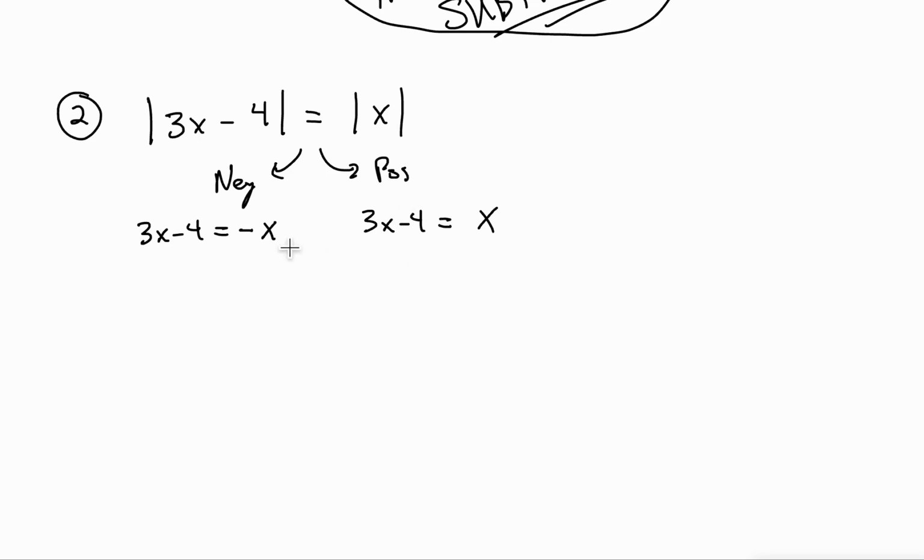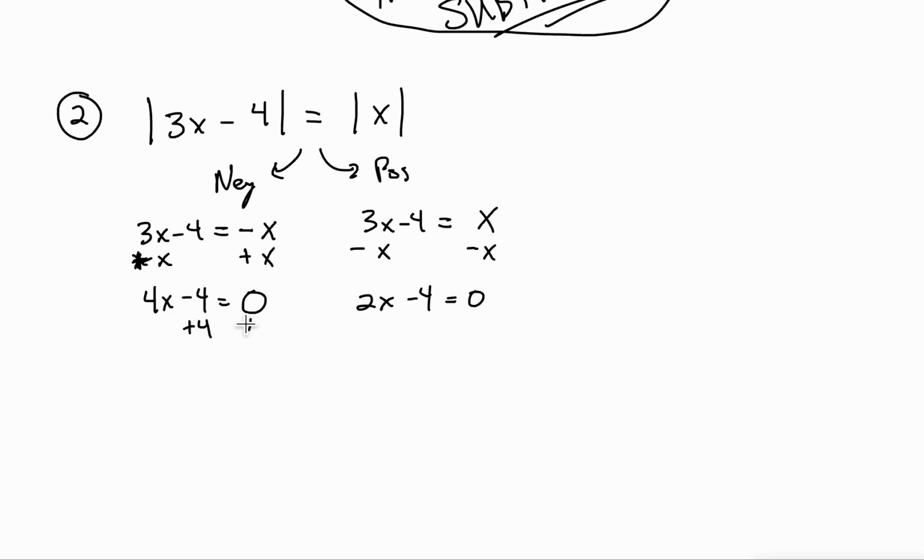And now we just solve it like we normally do. I'm going to get my x's together, so I'm going to add x to both sides. That'll be 4x minus 4 equals, and negative x plus x is 0. Just keep solving. I'm going to do that same thing here, except this one's going to be a minus x. So 2x minus 4 equals 0.